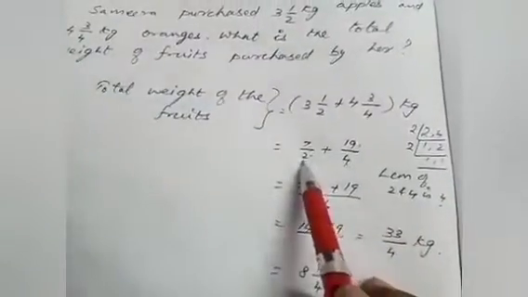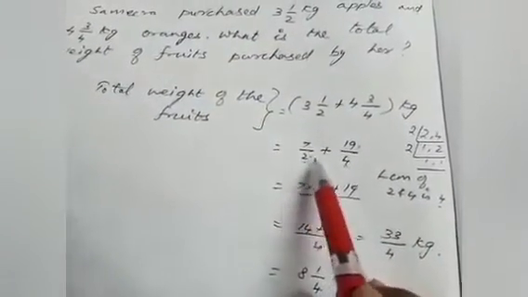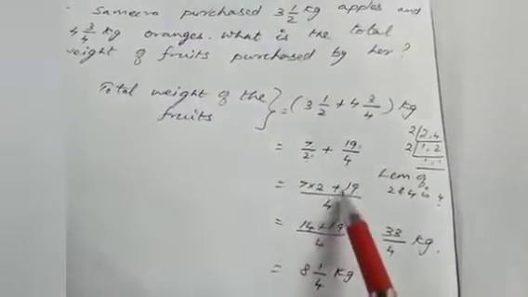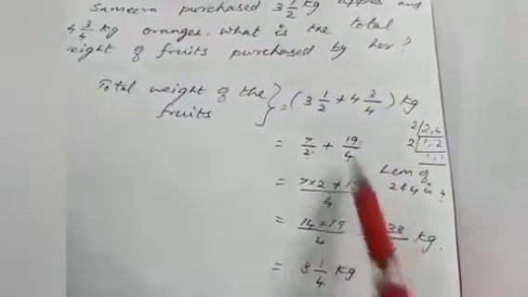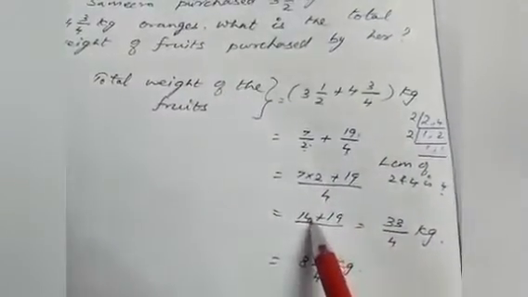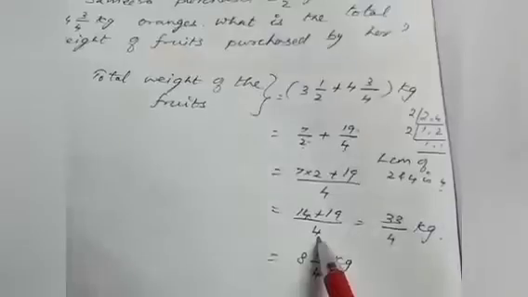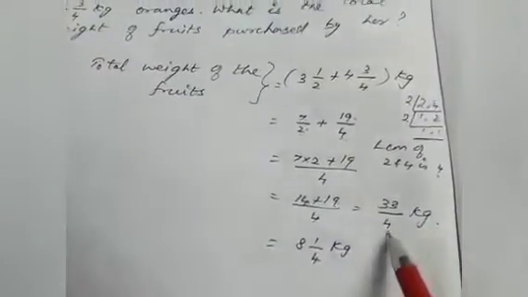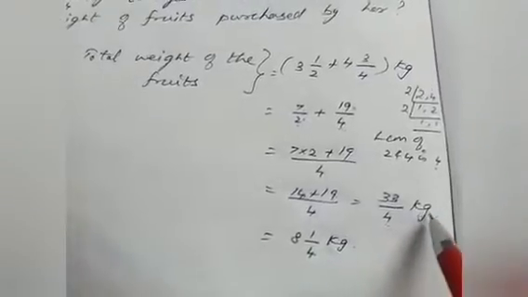So now this fraction's denominator is 2. So convert into equivalent. Multiply and divide by 2. So 7 into 2 plus 19 into 1, divided by 4. 7 2s are 14 plus 19, divided by 4. 14 plus 19 is 33. Denominator is 4. So 33 divided by 4 kilograms.